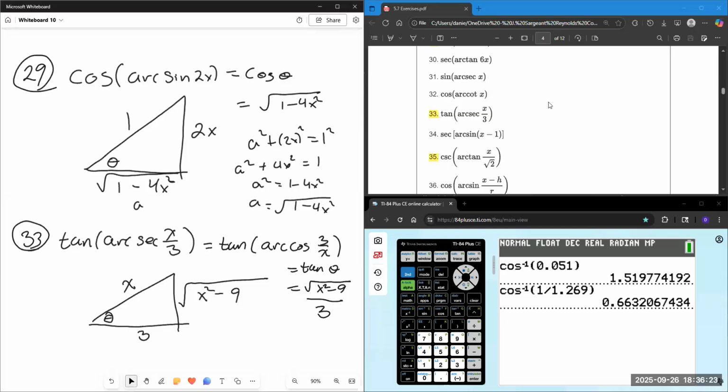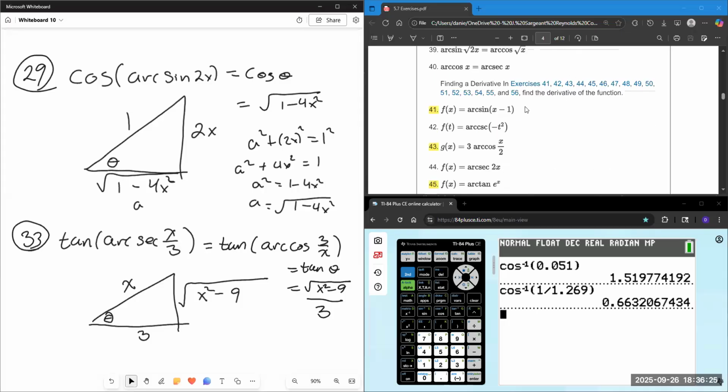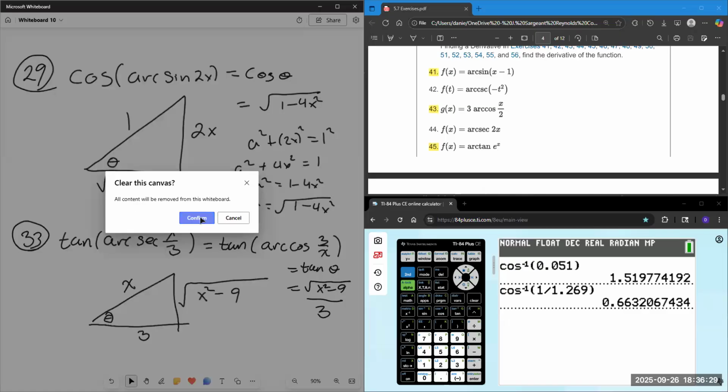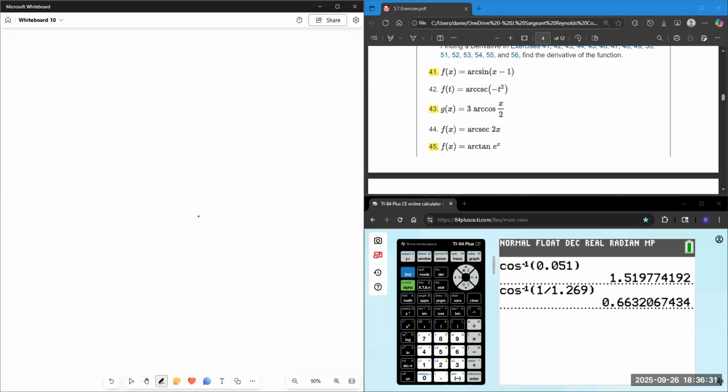Let's look at 41. And we'll start finding derivatives. So we have a few derivative functions here. Let's define those. Arc sine of u is equal to u prime over root 1 minus u squared.